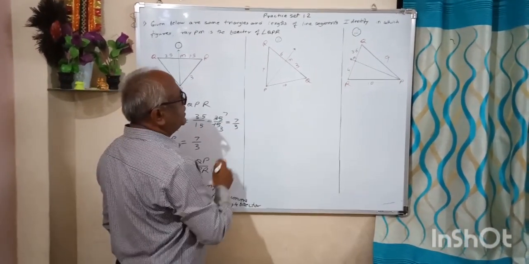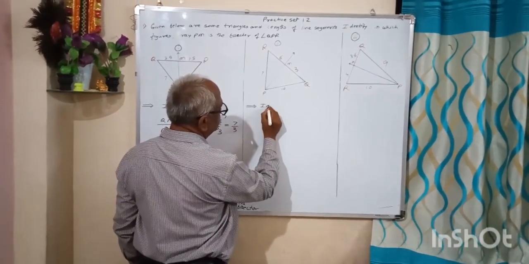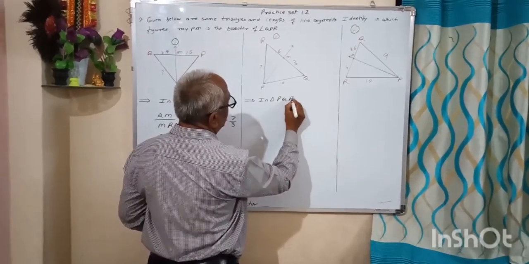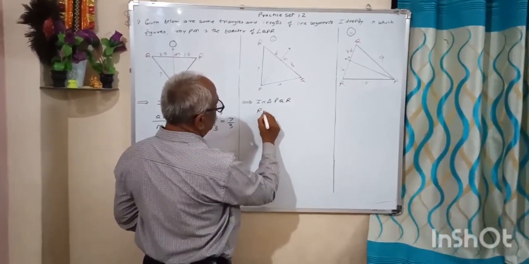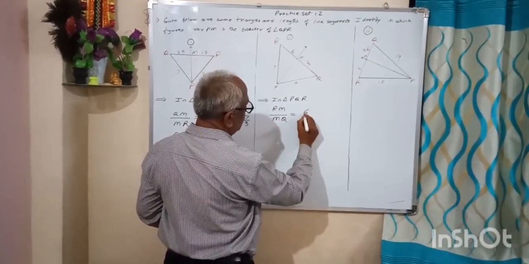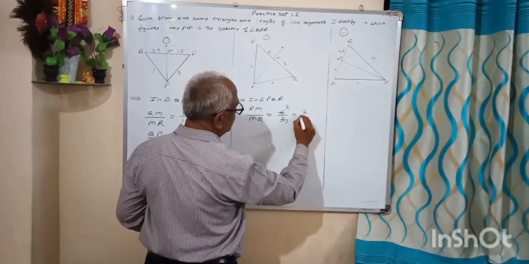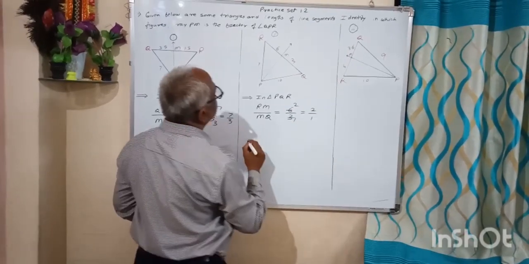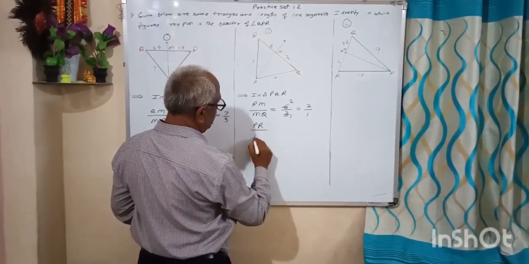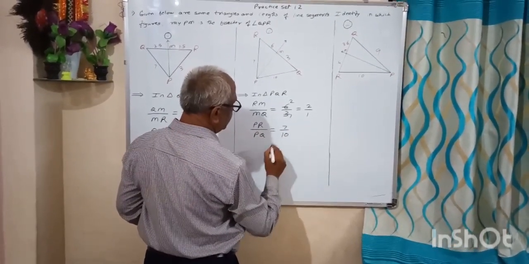Now the second example. Here in triangle PQR, RM upon MQ is equal to 6 upon 3, 3 ones are 3, 3 twos are 6, which is equal to 2 upon 1. And now PR upon PQ is equal to 7 upon 10.